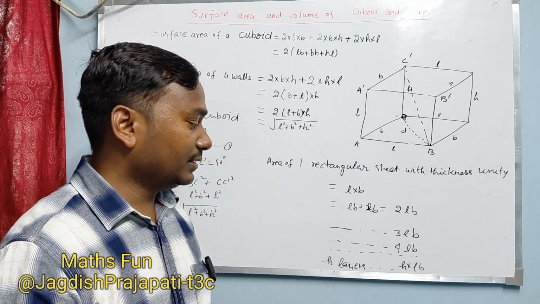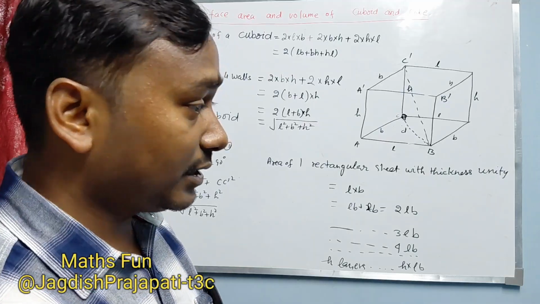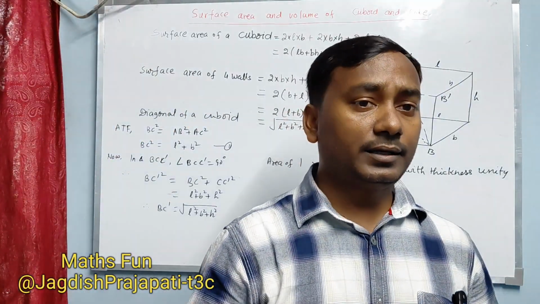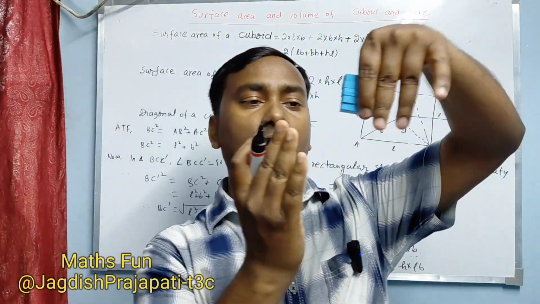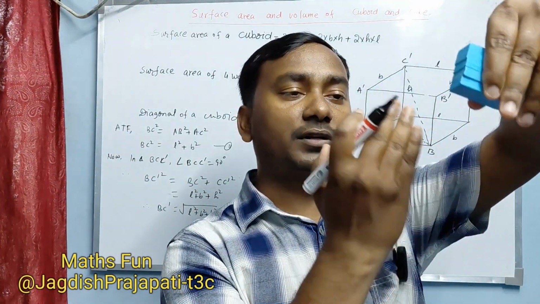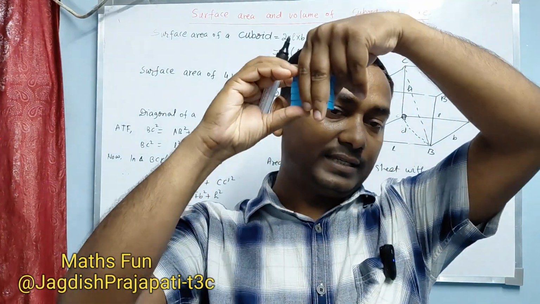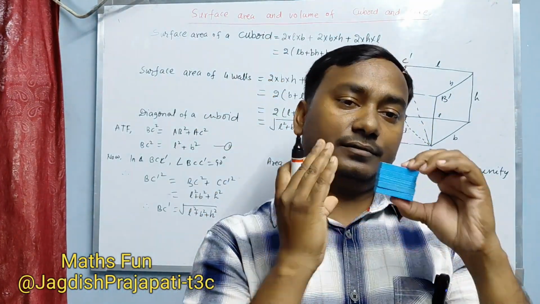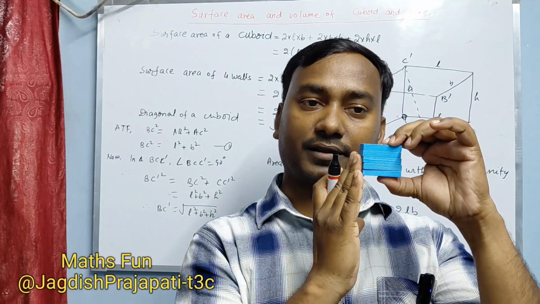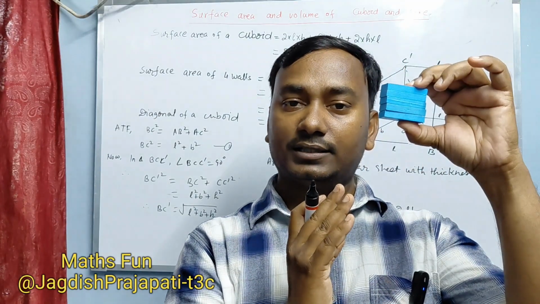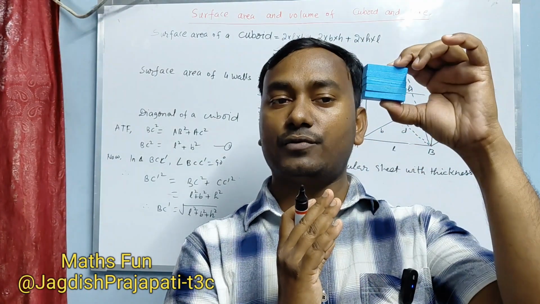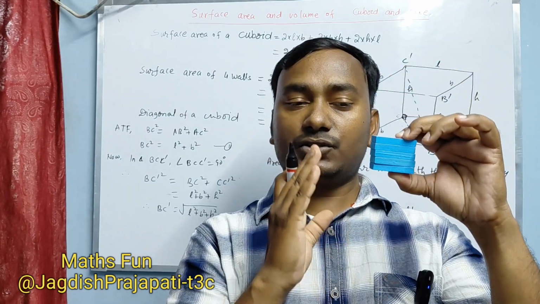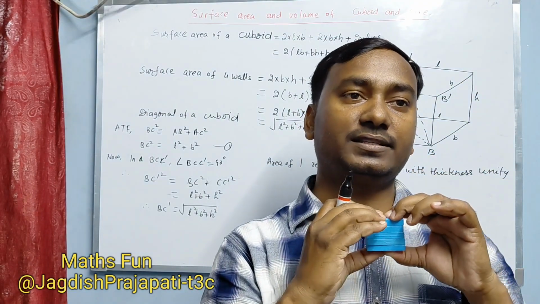Okay, so now we found the measurement of outer surfaces as well as inside whatever space it is covering, and that is the volume of the cuboid. So these are the two basic differences.